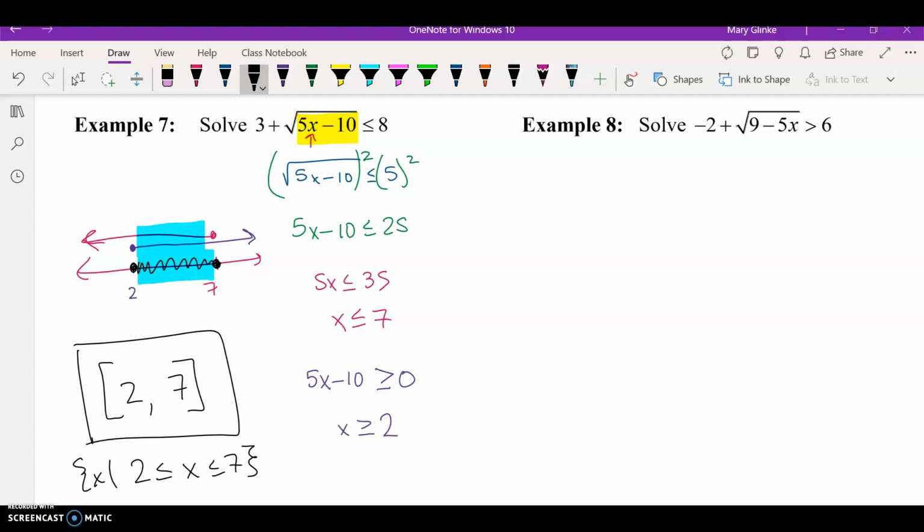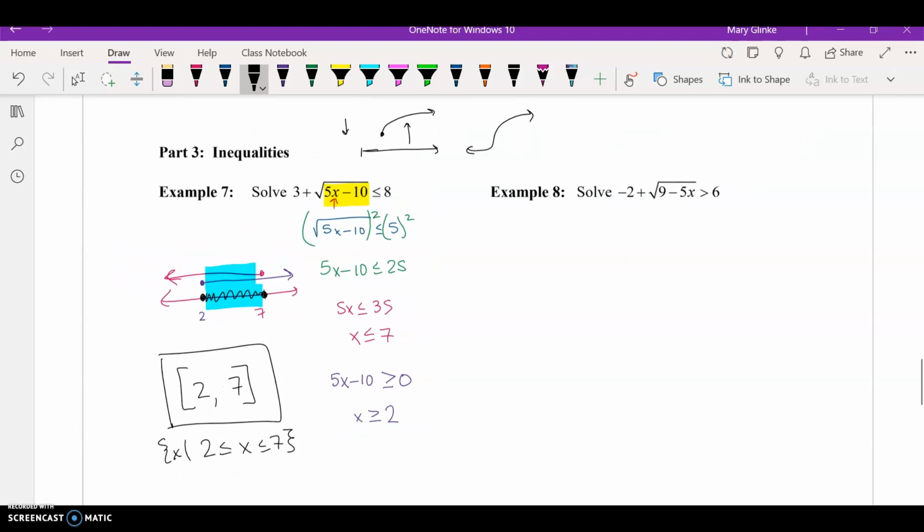Now, to summarize here, you solve it like normal, and you graph it on a number line. But then, if you have an even index, I'm going to put this at the top here and highlight it. If you have an even index, those are the problems that have the restriction on the domains, because you can't have a negative underneath there.